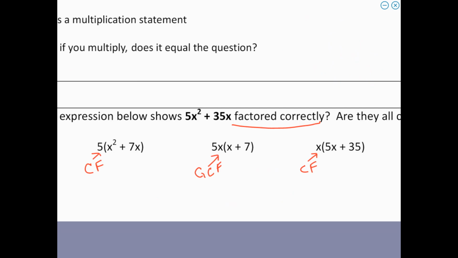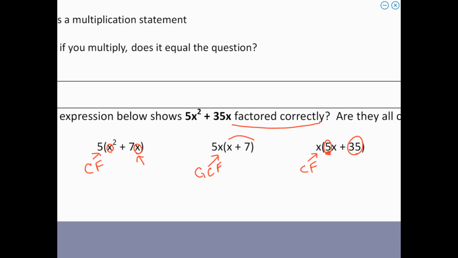There's nothing left that can be factored out in what's left in the parentheses. Everything that could be pulled out that's common between them has been pulled out. Over here in this one, there's still an x left. And in this one, there's still the multiples of 5 left, right?